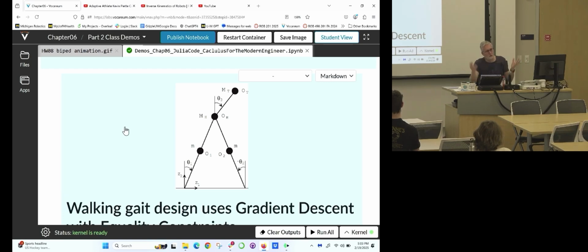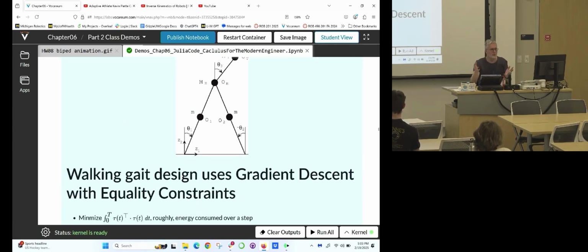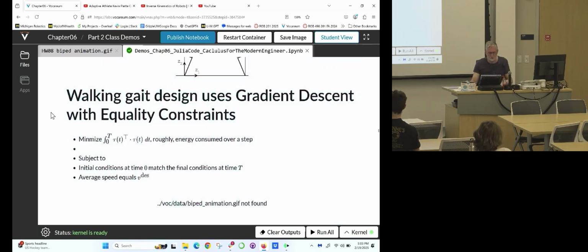So there's all these different considerations that go into what defines a good gait for a robot. And it's the same thing for picking and placing things or any other type of optimization problem. So you have to define a function that captures what you think measures the quality of a solution to a problem.